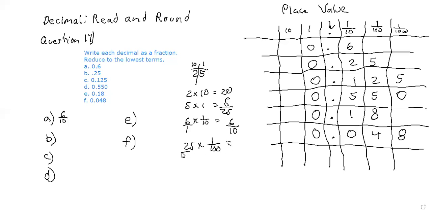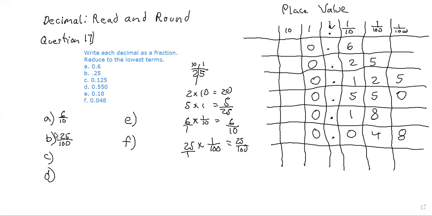Again, we put a 1 underneath the 25, so everything is in fractional form, and then we simply multiply across to get the fraction. 25 times 1 is 25, and 1 times 100 is 100. So 0.25 is equivalent to 25 hundredths.